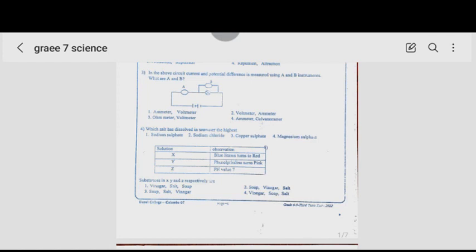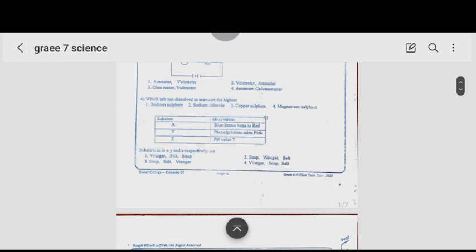Clear? Yes, ma'am. Right. Which salt has dissolved in seawater the highest? You know the answer for this question. Tell me the answer, Sashmika. You all know.